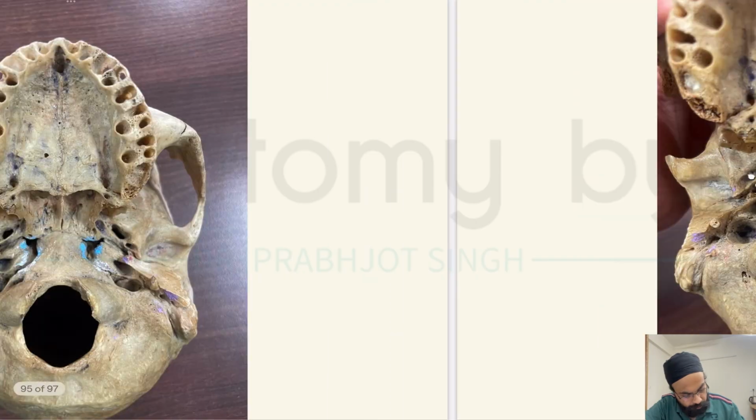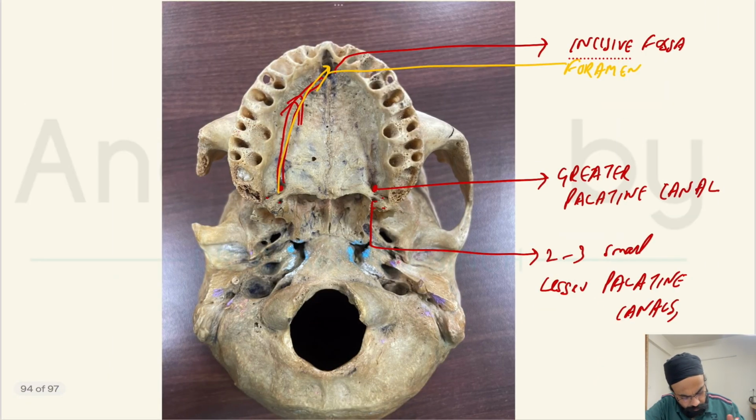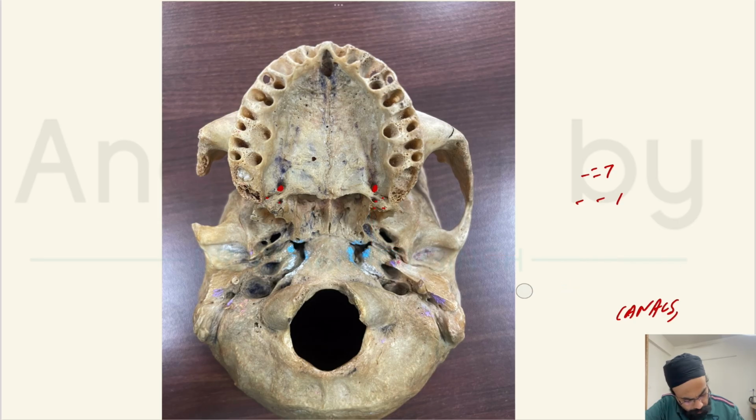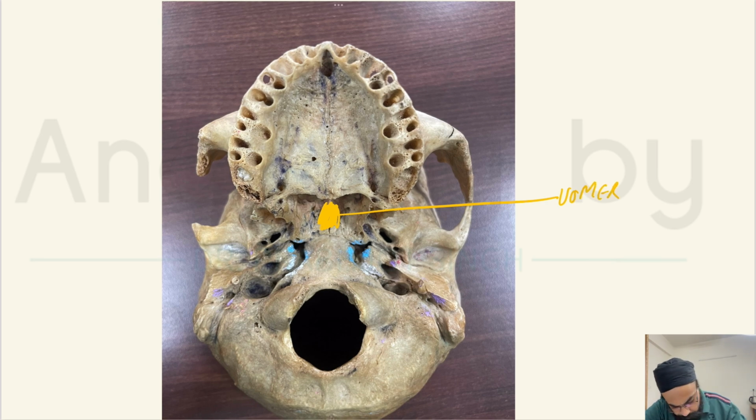Okay, so in the intermediate part you have this bone. This is vomer, and then you have this bone, this one mainly.